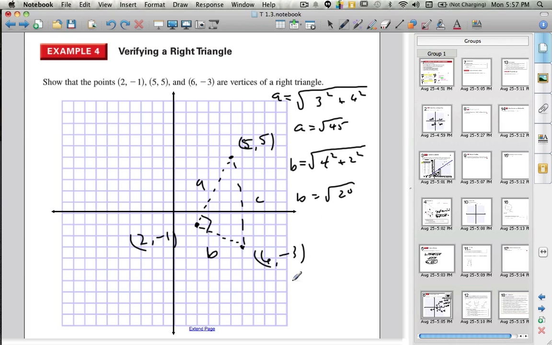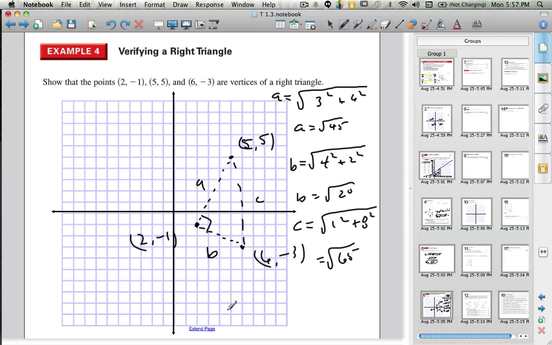And then when we look at c, c is equal to the difference between this and that, so that's 6 minus 5 is 1 squared. And the distance between negative 3 and 5 is 8. So it's going to be 64 and 1, this is going to be root 65.